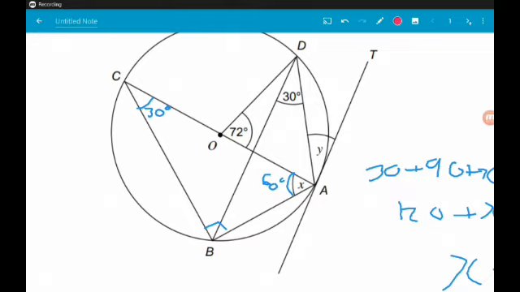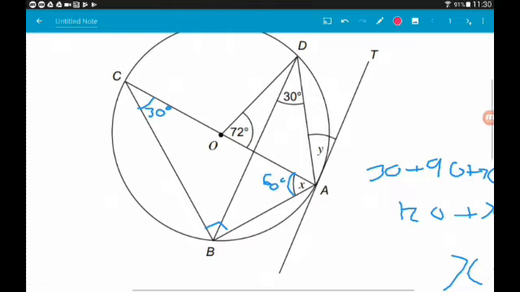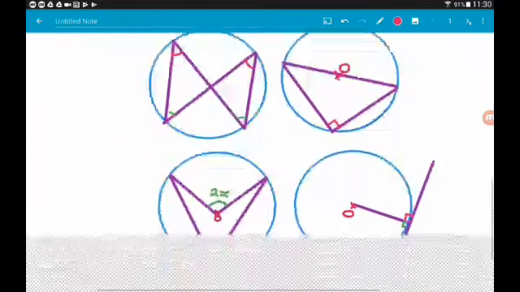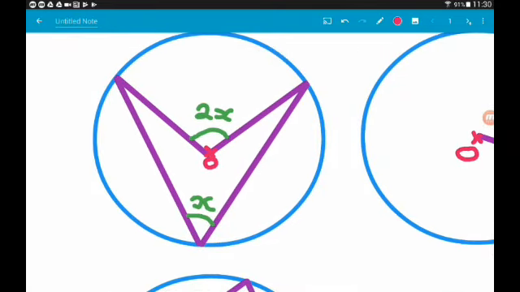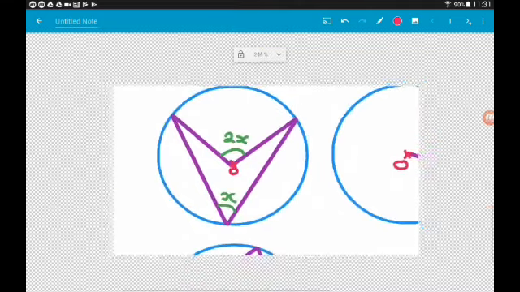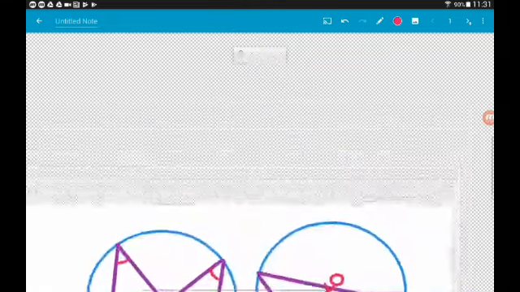So now we need to find the value of Y. Okay, so to find the value of Y, we're going to need another theorem, and that is this guy here on the left. That if we have an arrowhead going on inside of our circle, the angle at the centre is double the angle at the circumference. So let's see if we can spot that.